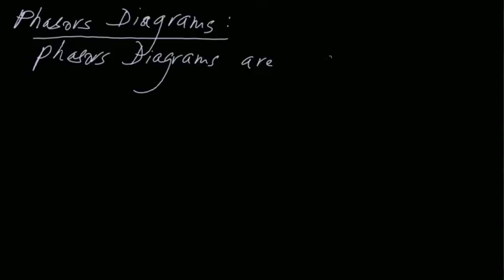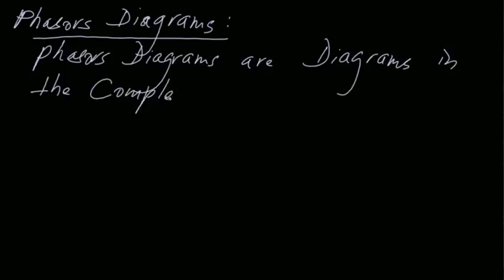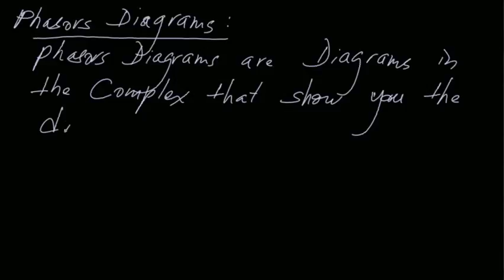are first and foremost diagrams in the complex plane. This is obvious because phasors are complex numbers. So in the complex plane that show you, the electrical engineer, electronics engineers, the different phasors in an AC circuit.